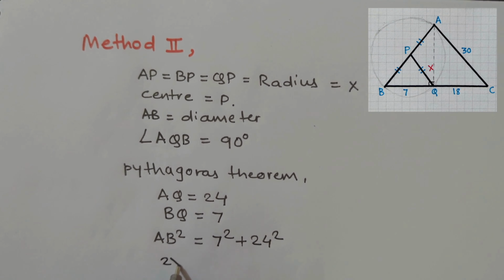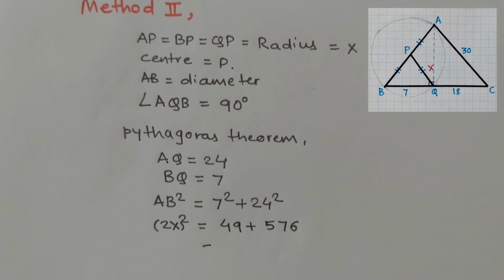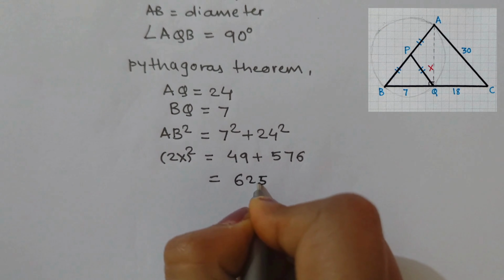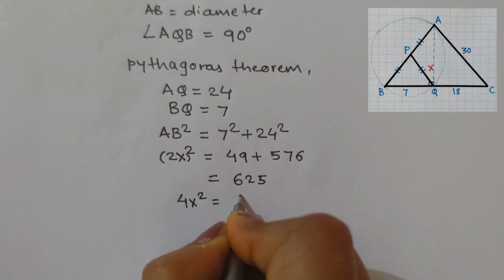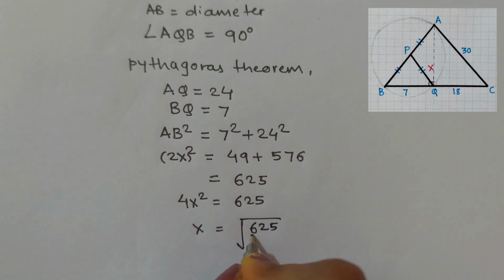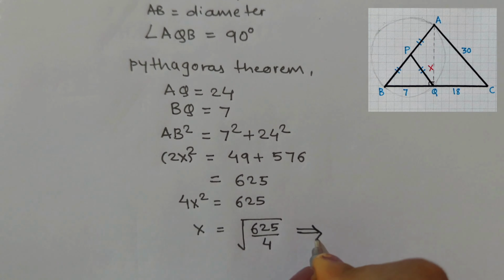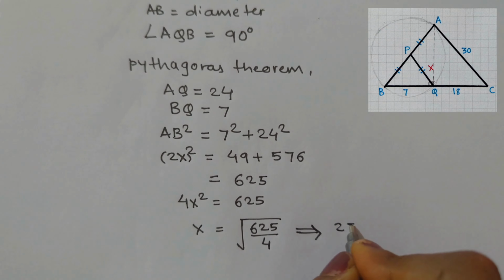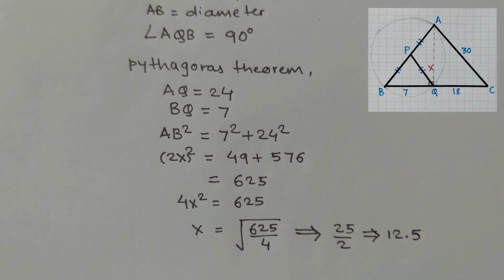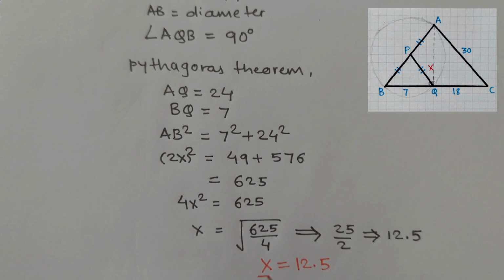AB is 2x, so 4x square is 49 plus 576, which would be 625. 4x square is 625. x is equal to the square root of 625 divided by 4, which is nothing but 25 divided by 2, which is equal to 12.5. The value of x is 12.5.